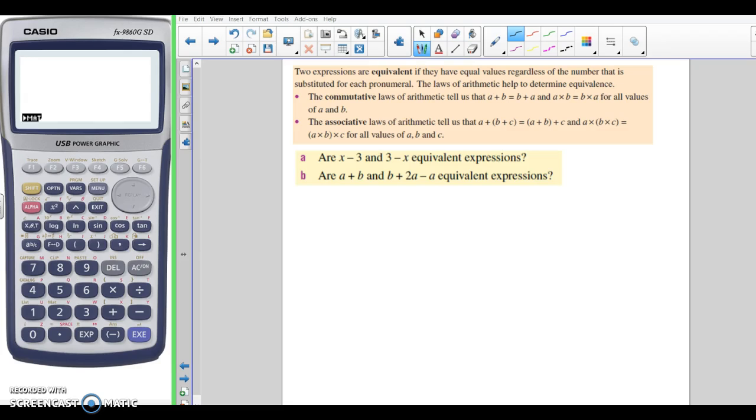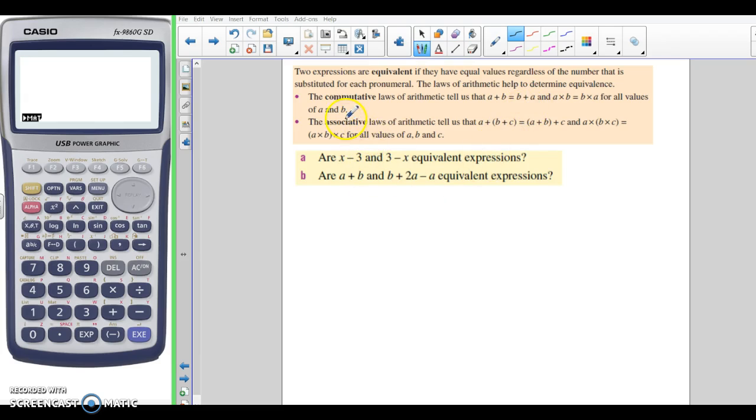So when we look at these sort of things, we look at two different rules that we have. So we have what we call the commutative law. The commutative law tells us that A plus B is the same as B plus A, which I was saying before. And also A times B is the same as B times A, because we know that it doesn't matter what order you multiply two numbers or what order you add two numbers, you're going to get the same answer.